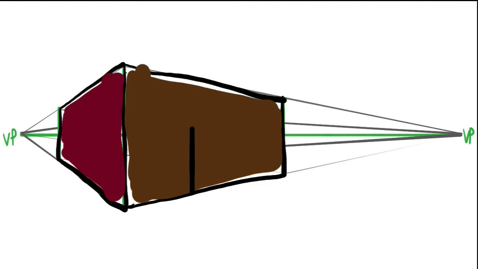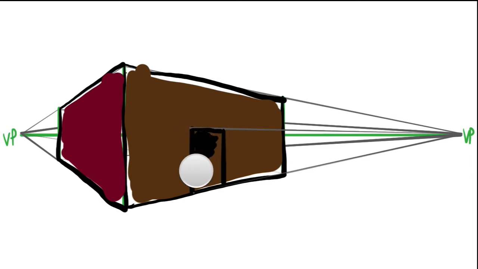So what I'm going to do is join it to that. I just need to join the top and bottom of the door to that vanishing point on the correct side. So like that, and we know that this side goes into it. And then I can put in the other side of my door, like that. And the top would follow along that line. And then I can fill in my door.